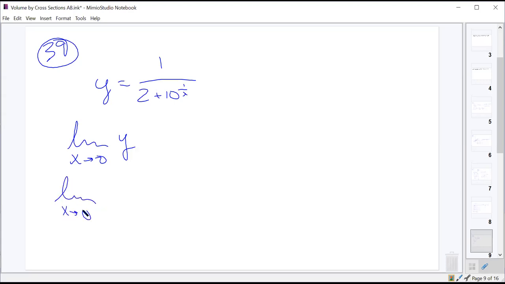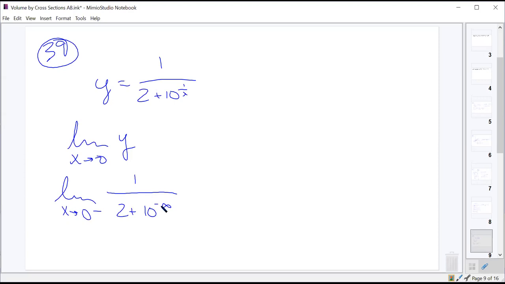Limit as x approaches 0 from the left is going to give us 1/2 plus 10 to the, approaching 0 from the left, then 1/0, right, becomes a very, very large number, right? 1 over a very small number is a very large number. And since we're approaching 0 from the left, that's a very large negative. So that becomes 1/2 plus 10 to the negative infinity.